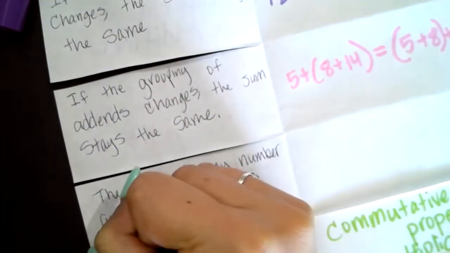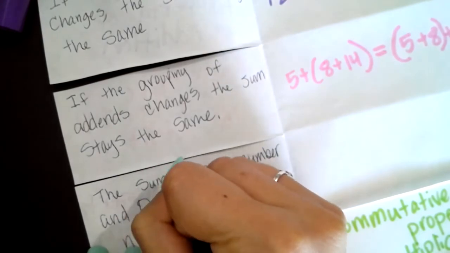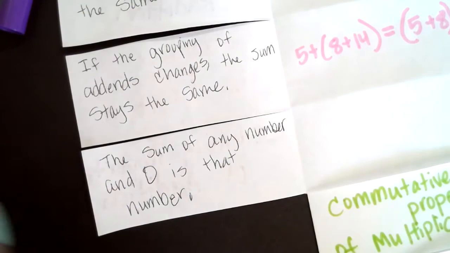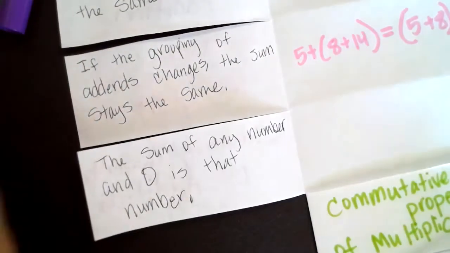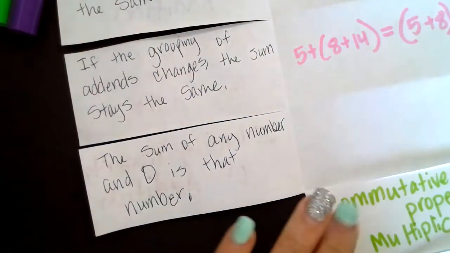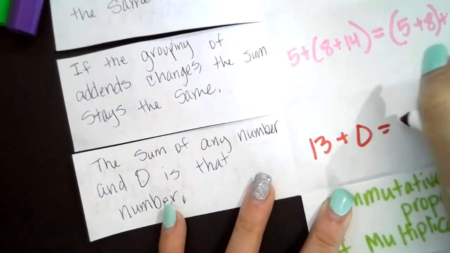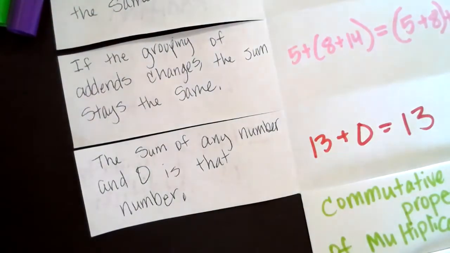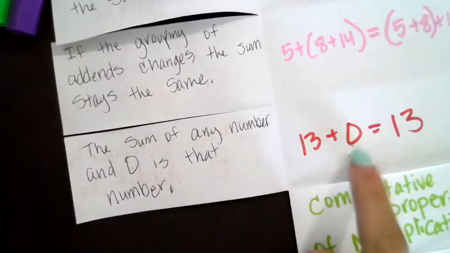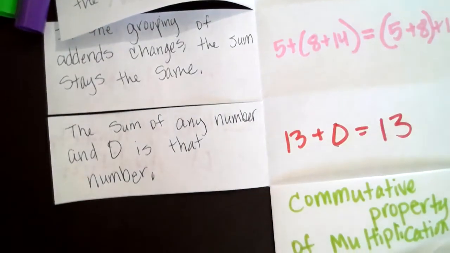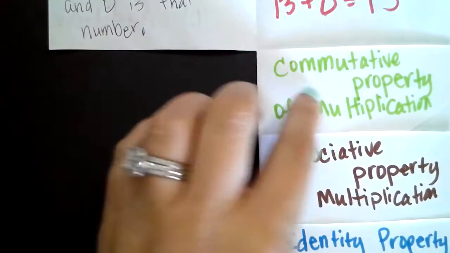We know that if I add 0 to any number, it's still going to give me the other number because it keeps its identity. So 13 plus 0 equals 13. It doesn't change. It keeps its identity when I add 0 to it.